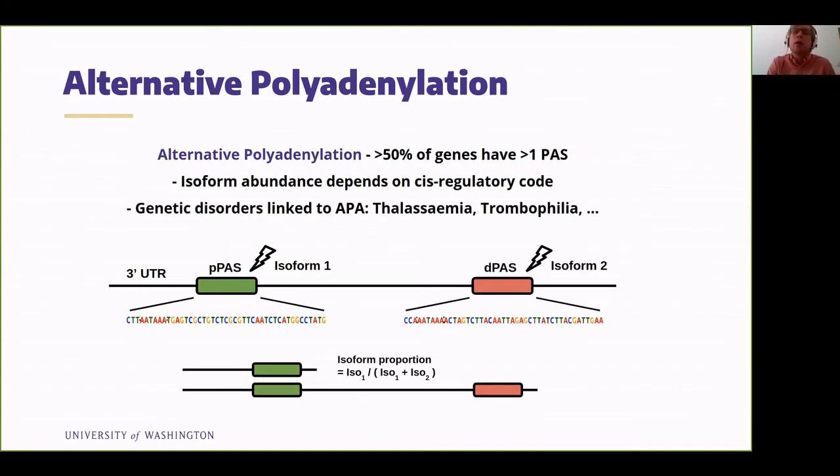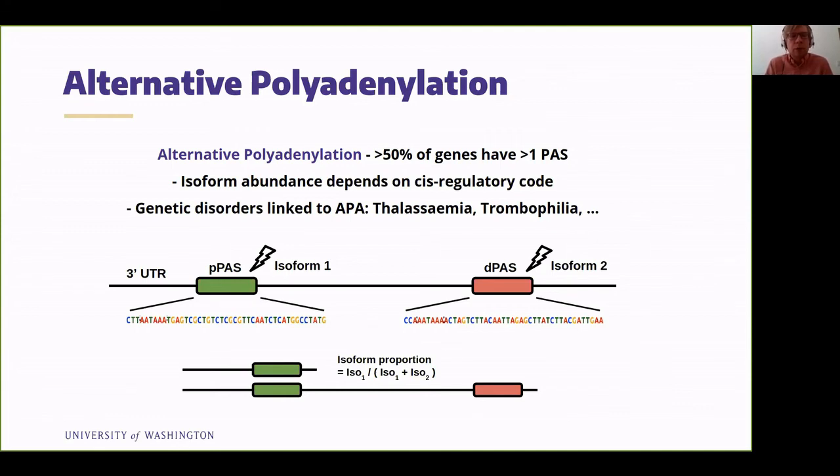Now, alternative polyadenylation is the phenomenon where you have multiple competing polyA signals within the same RNA molecule. In fact, more than 50% of human genes have more than one polyA signal within them. And the relative abundance of the isoforms that result from these different polyA signals depends highly on the internal strength of the polyA signal.